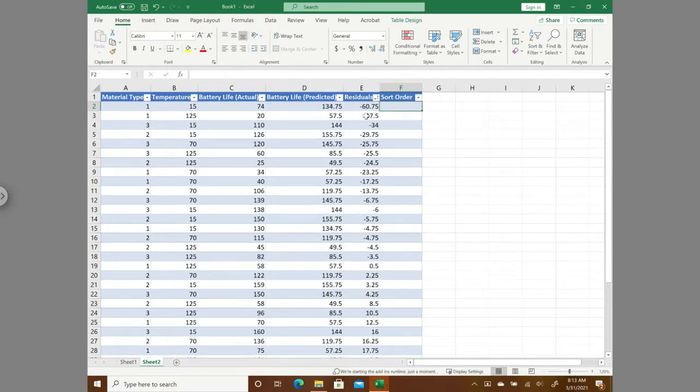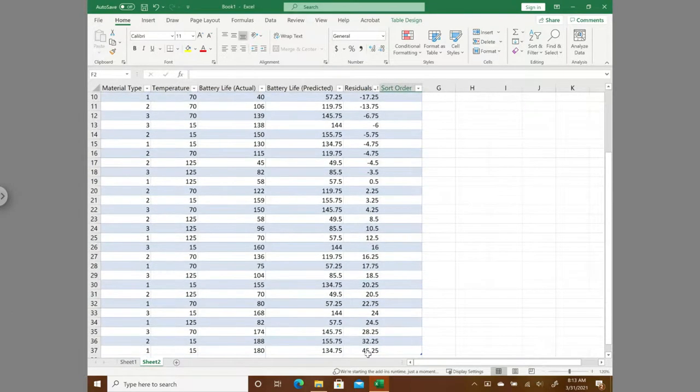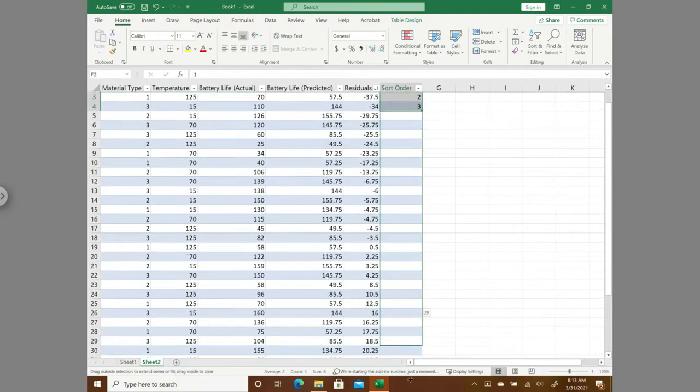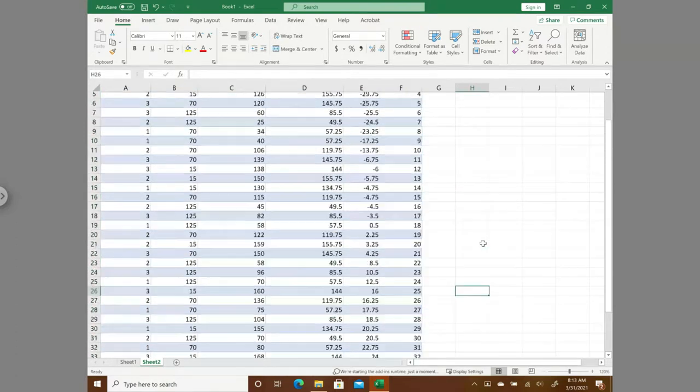As you can see, from minus 60.75 all the way to some positive values, 45.25. So we have quite a range there. And then you can give a sort order like 1, 2, 3. We are giving sort order to these residuals. And then you can of course continue the pattern up to 36.